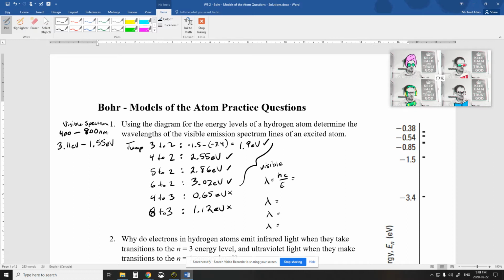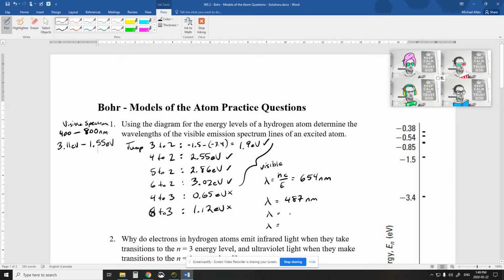Okay, so my first one, in nanometers, is going to be 654 nanometers. My next one is going to be 2.55. It's going to be 487 nanometers. My next one's going to be 2.86.